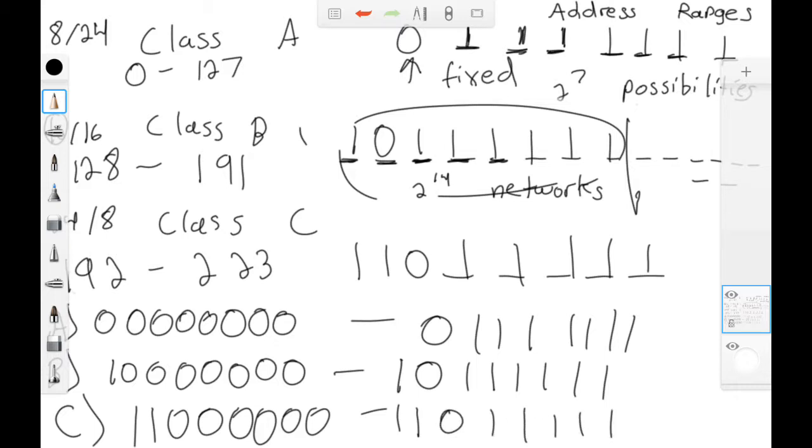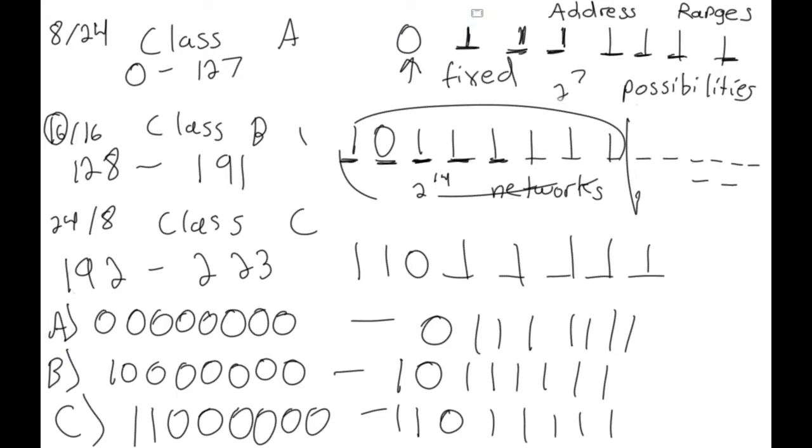Technically, because you have more than 8 bits to use for the Class B network, this is actually 10111111 dot 11111111, 8 ones.